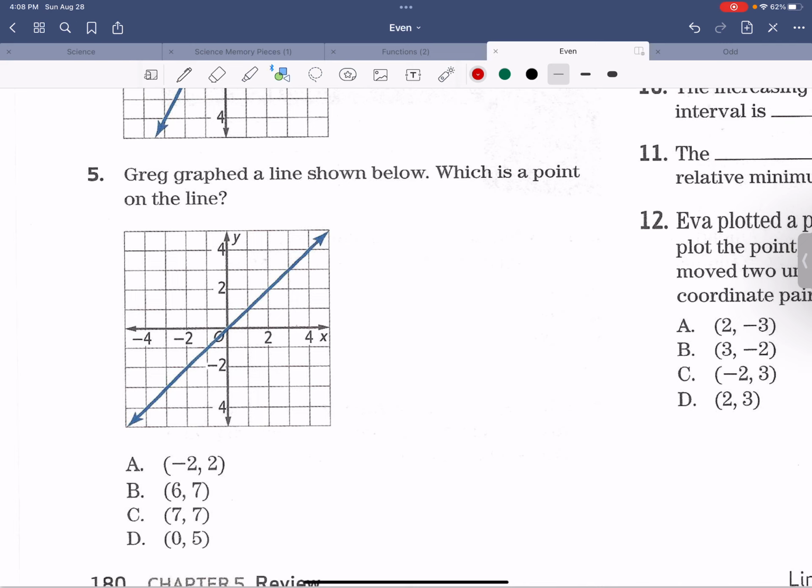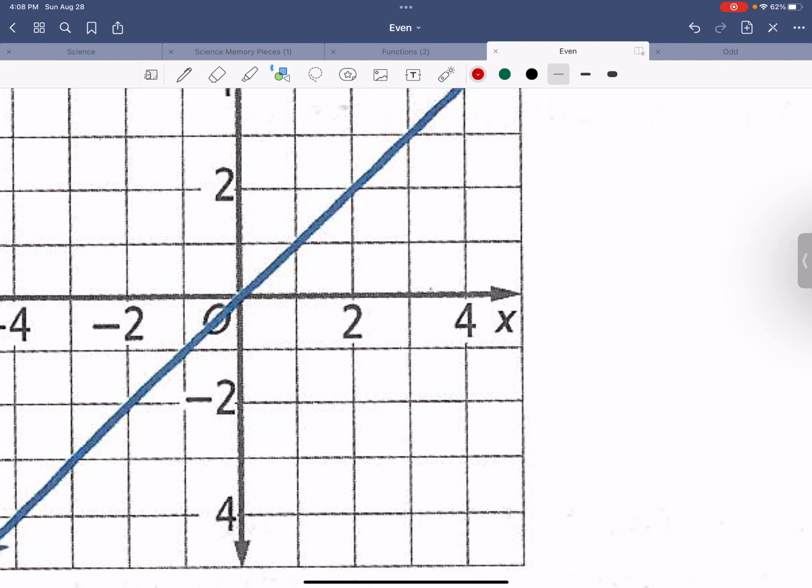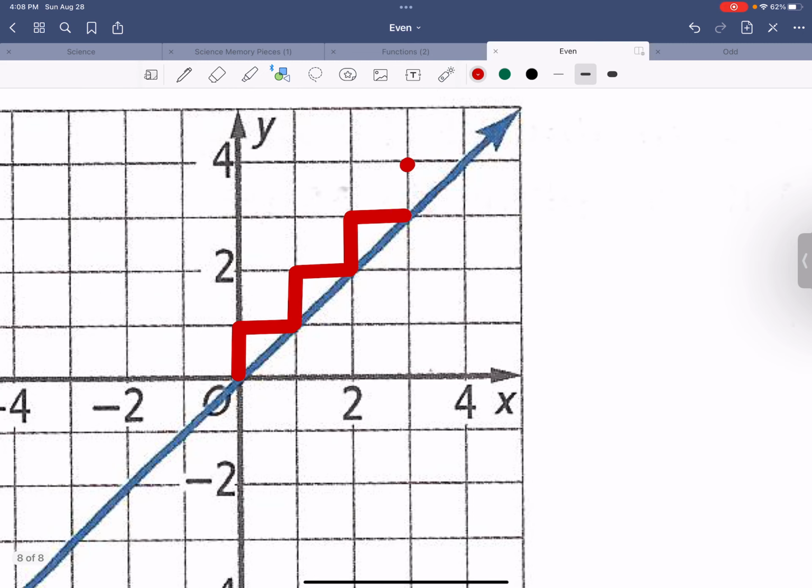So here is the slope. Rise 1, run 1. Rise 1, run 1. One more.